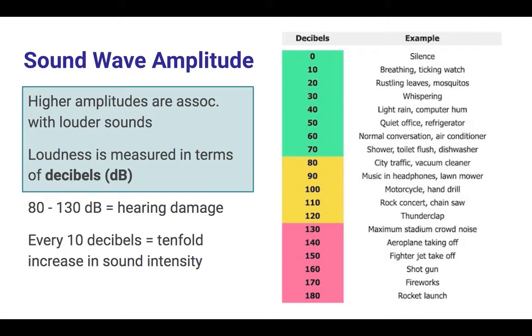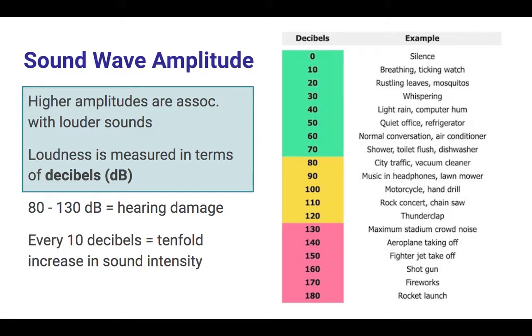We have pretty discerning hearing, but once we get to 80 to 130 decibels, you can start to get hearing damage. And every 10 decibels is a tenfold increase in sound intensity. So kind of like how the Richter scale is a tenfold increase in the magnitude of an earthquake, same thing.